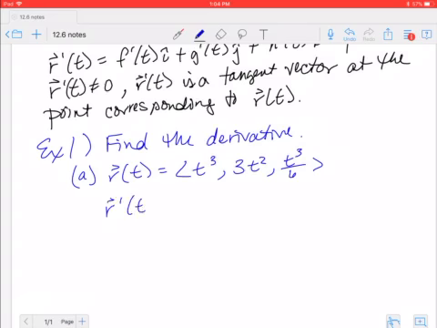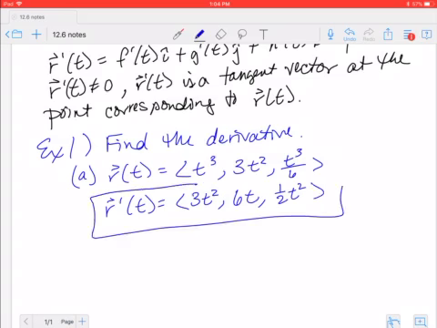My derivative of this vector is going to be 3t squared, 6t, and if I bring that 3 in front, 3/6 gives me 1/2 t squared, or t squared over 2. Literally, that's it. How sweet is this? Pretty cool, huh? Let's do more.